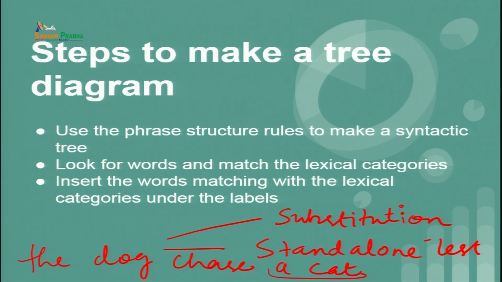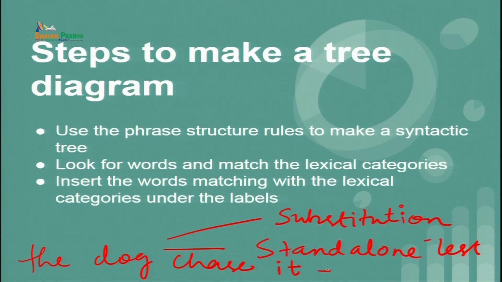If I can replace it, then I'm sure this particular sentence will pass the substitution test. How? Let's try to remove it and put it in place of cat. The dog chased it. Is it making sense? I think so. Therefore, you can conclude that it has passed the substitution test.